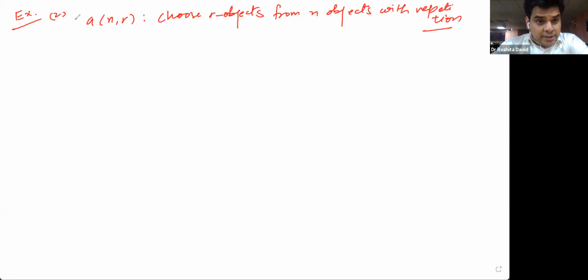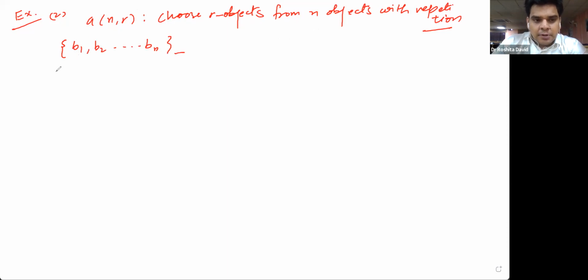So suppose initially we have these objects b1, b2, up to bn. From these n objects, we are choosing r objects with repetition.